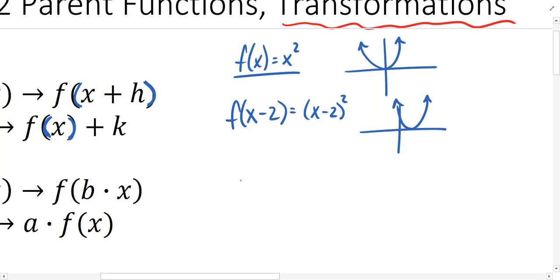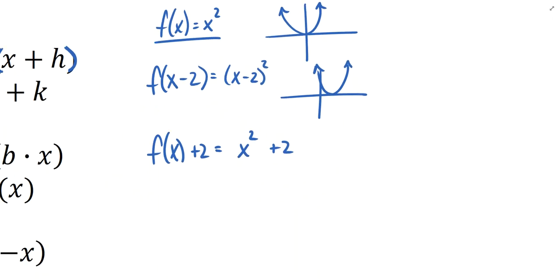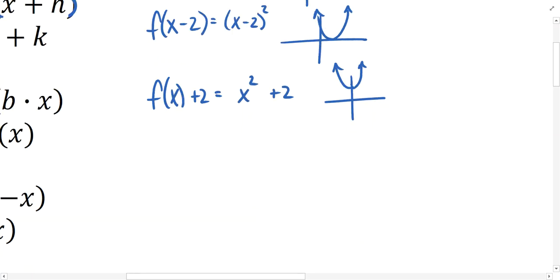More on that later. If I were to take the function and add 2 to it on the outside, say x squared plus 2, or without the parentheses, that would be fine. We could call this x squared plus 2. We again would have the same shape as the parent function, only shifted up 2 units on the y-axis.